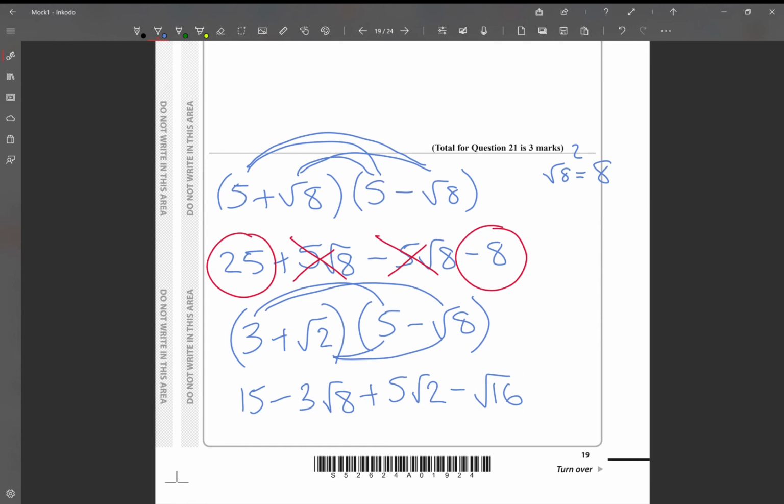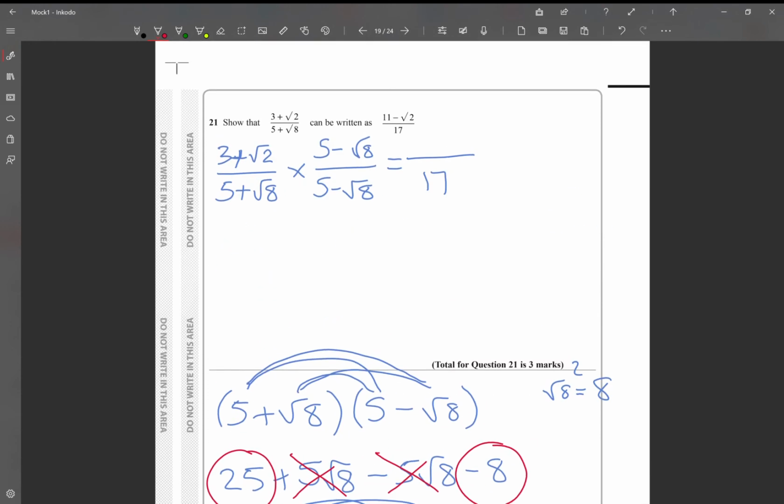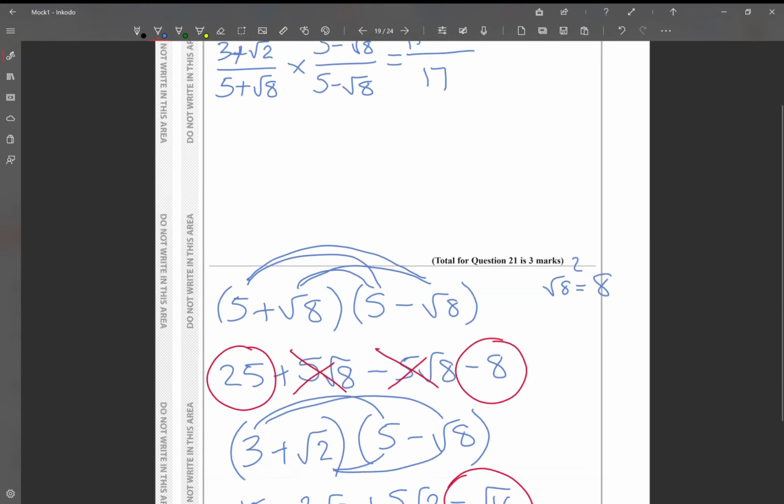So let's simplify this a little bit. Minus root 16 is the same as minus 4, because root 16 is 4. So 15 minus 4 equals 11. Okay, so we'll put that 11 up here. You might notice I'm not quite there yet because it's got minus root 2.